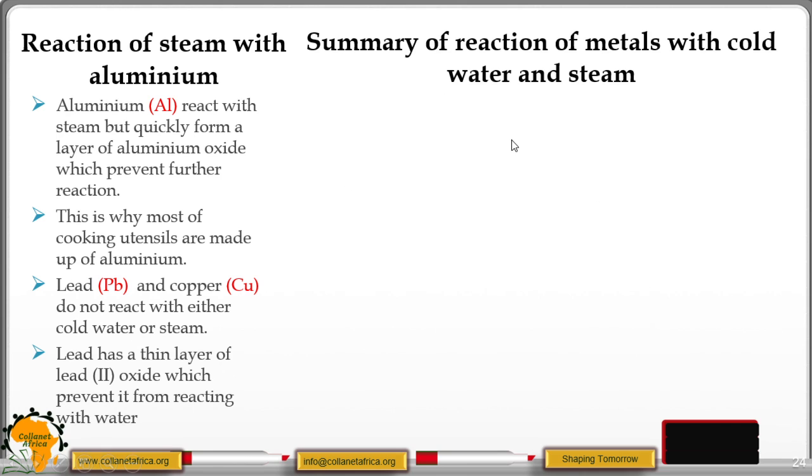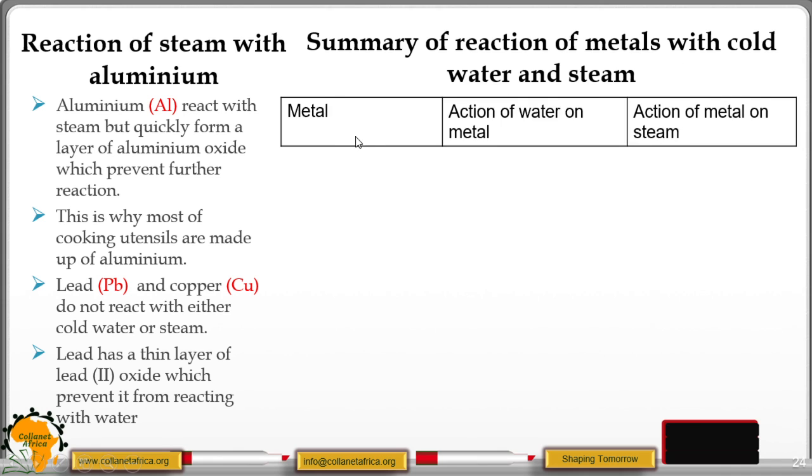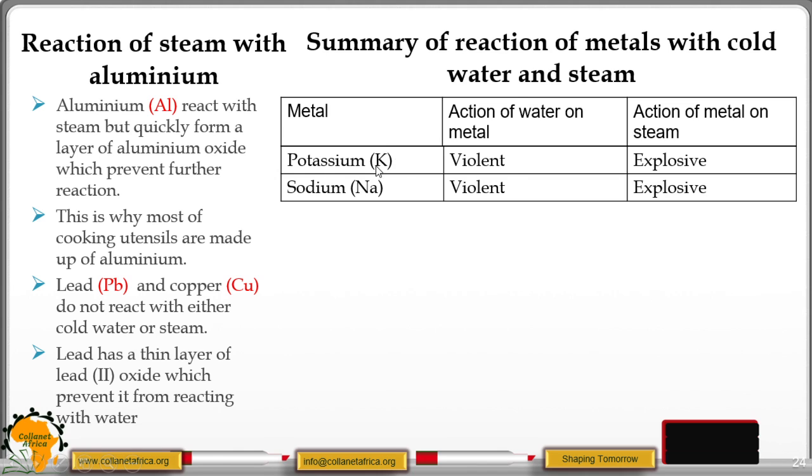In summary, this table gives a summary of the reaction of metals with cold water and steam. We have the metal, the action of water on the metal, and the action of steam on the metal. Potassium reacts violently with water in liquid form, but with steam it reacts explosively, so it's very reactive.